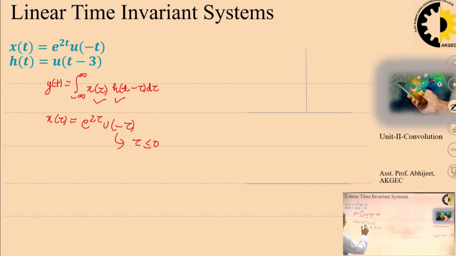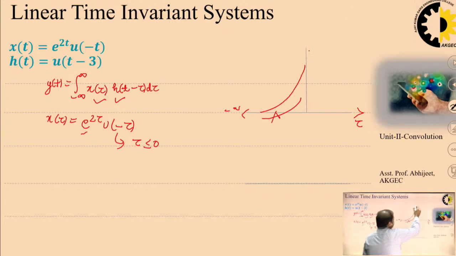And if I put negative values of tau in e raised to the power 2 tau, you can understand that it will decrease in this direction, towards negative infinity, and it will be something like this. This will be e raised to the power 2 tau u of minus tau.